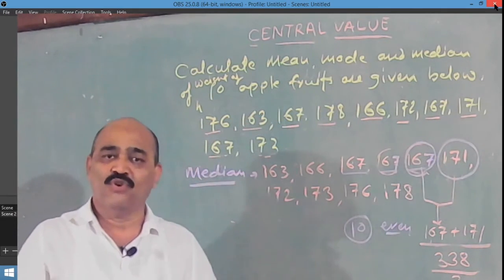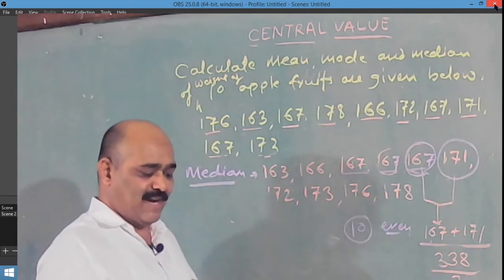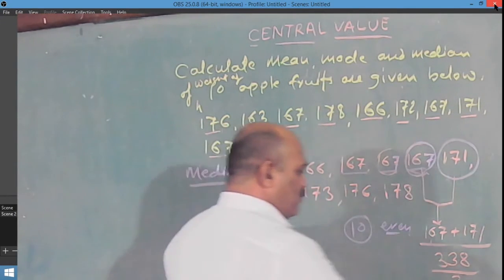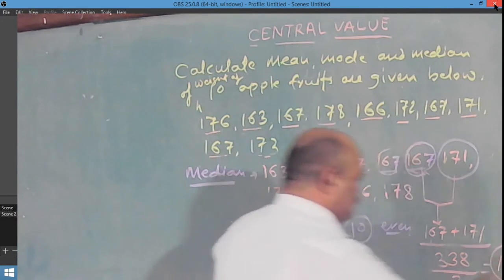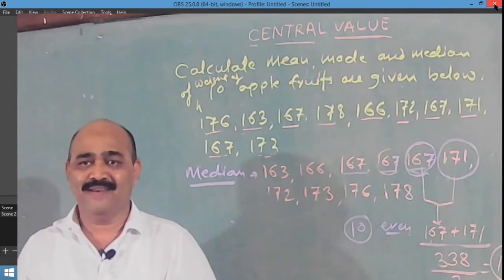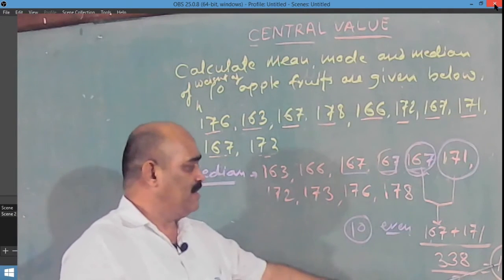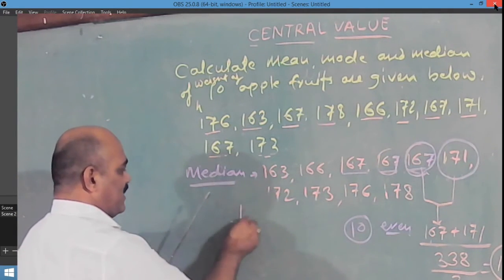The sum of both middle observations divided by 2 is equal to 169. 169 is the median of our data.